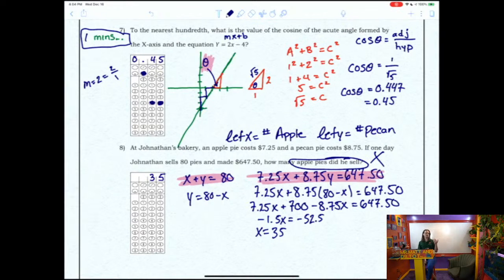So if you do a little forethought, you can actually save yourself a few steps in this problem. Ultimately, I want to know X. So I'm going to first isolate for Y so I can get rid of Y in my second equation. If you isolated for X instead of Y, that's okay.